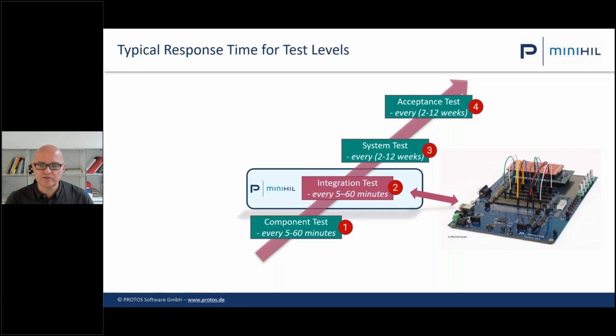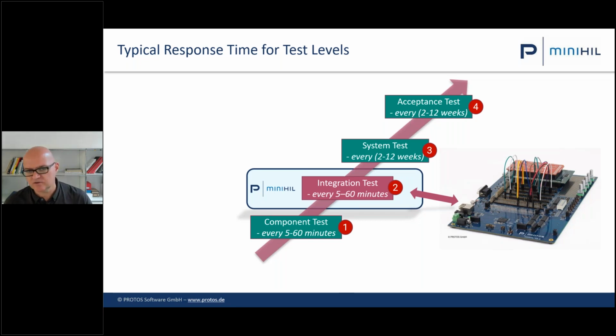So what we do is, with the hardware software integration test, with the miniHIL, we already have a real hardware in the loop test, but we also have response time more like a unit test than like a system test. So it's also in the range of minutes, sometimes a bit more, sometimes a bit less, but you get a very fast response for every change.